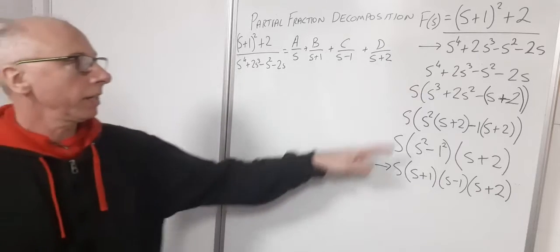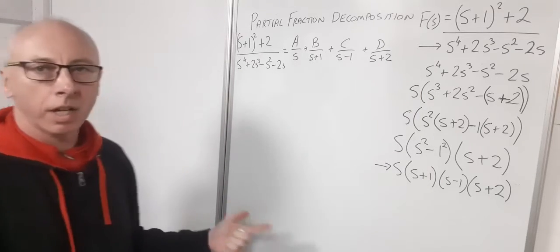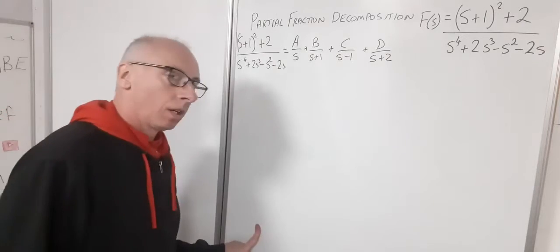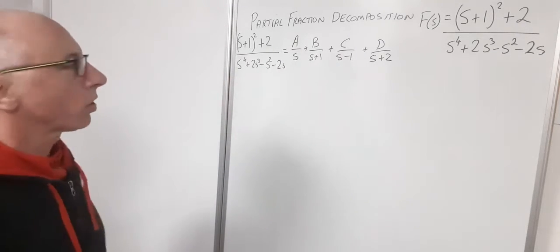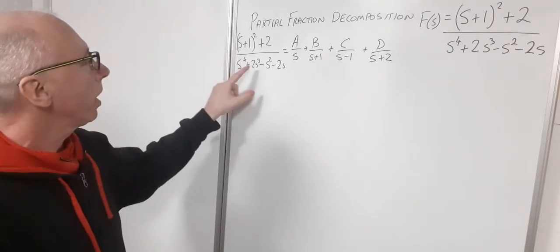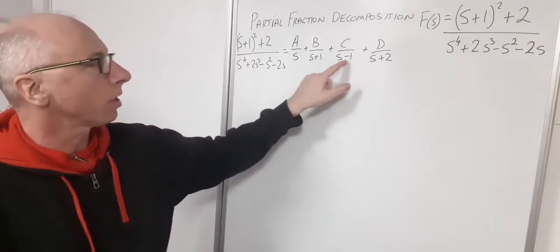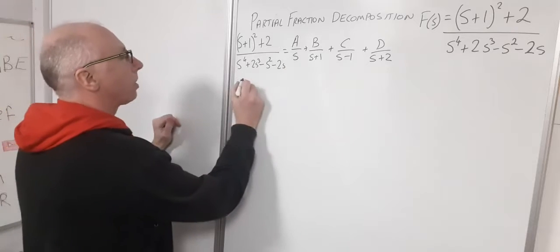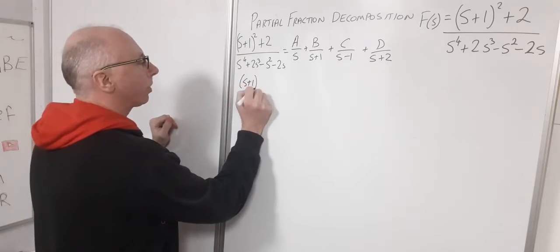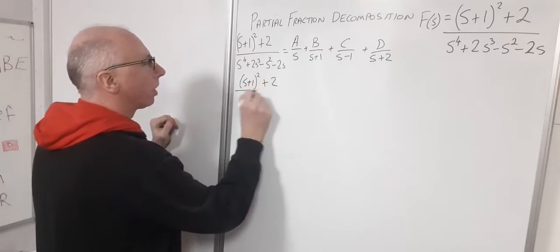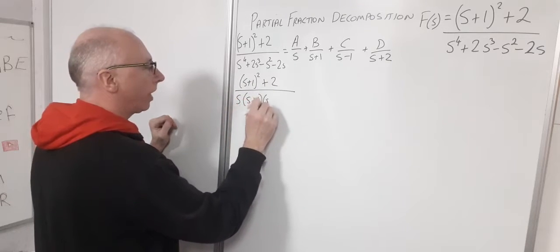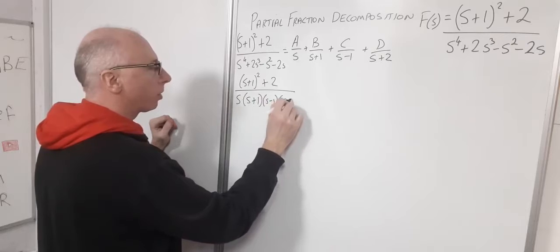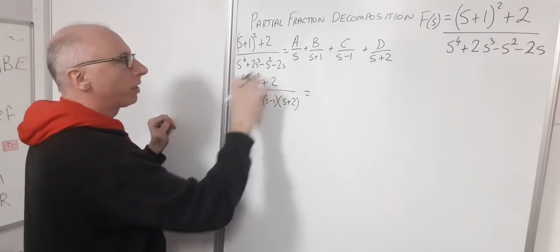Okay, let's take this off the board on the other side and let's just clear that. So now to help us with our partial fraction decomposition, we'll write this side in terms of all of these factors. So now we'll have (s plus 1) squared plus 2 divided by s, (s plus 1), (s minus 1), (s plus 2). So that's the equivalent to that.